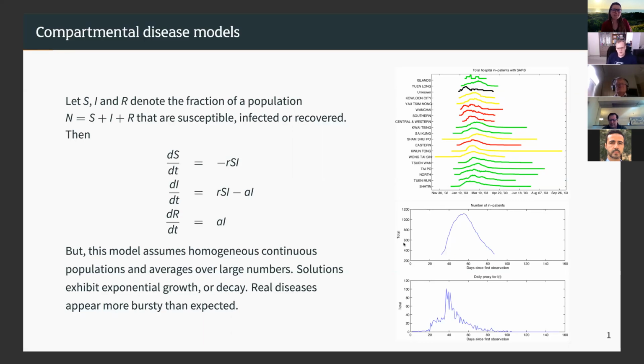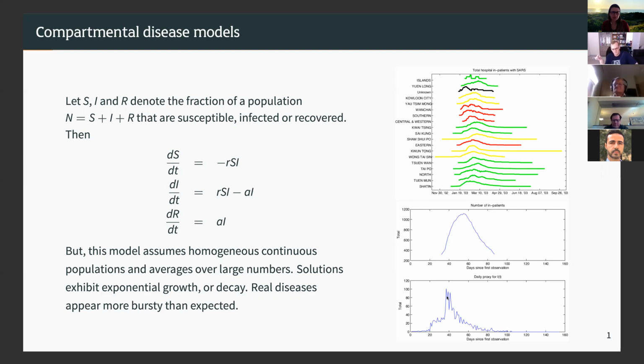The other thing to notice is when you apply this to actual data, which is what I've got on the right here. The bottom plot down here is a proxy for the daily value of infected I(t), so the current number of infected individuals in the population for the SARS coronavirus in Hong Kong in 2003.